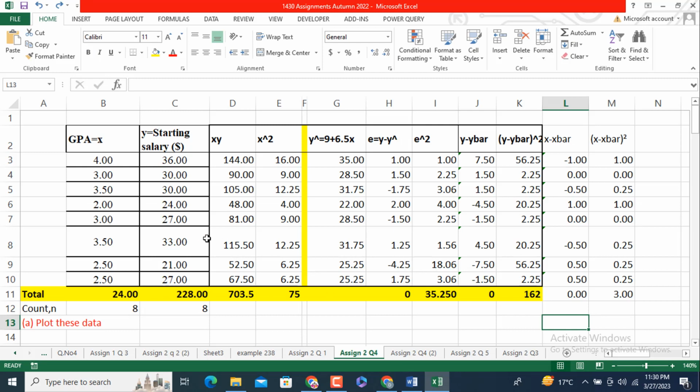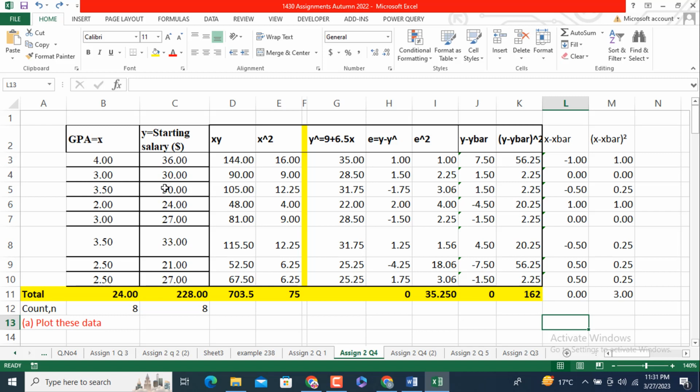Here is the solution, and these are the data given in the question. I just took it from that question and put it into the cells here. So the first column is GPA and the other column is starting salary. As you notice in the question, the salary depends on the GPA. It means the independent variable is GPA and the dependent variable is starting salary.